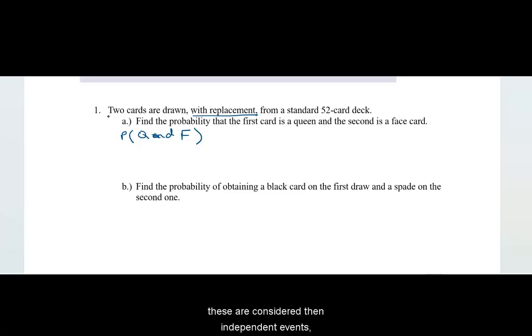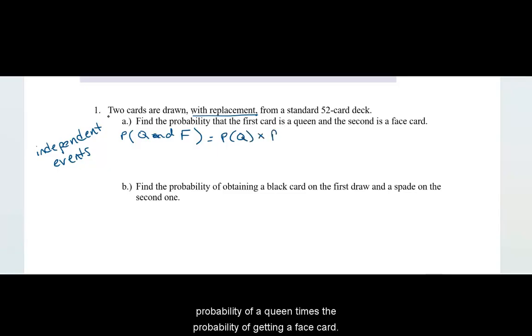These are considered independent events, because it doesn't matter what the first card is that I draw. I'm putting it back, so I'm resetting the probability back to start. Because they're independent, I'm going to find the probability of a queen times the probability of getting a face card.